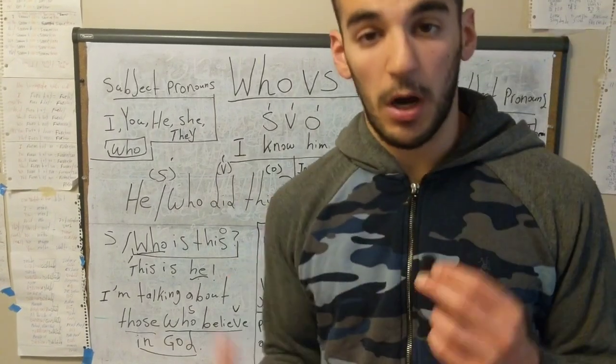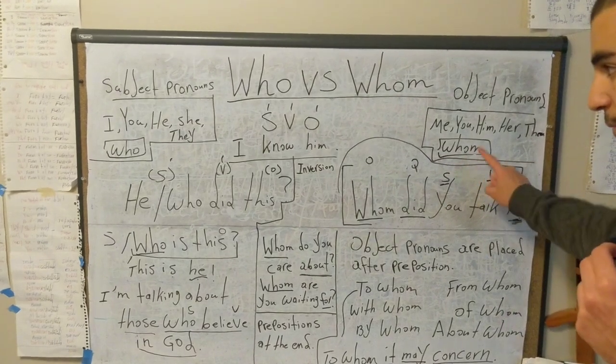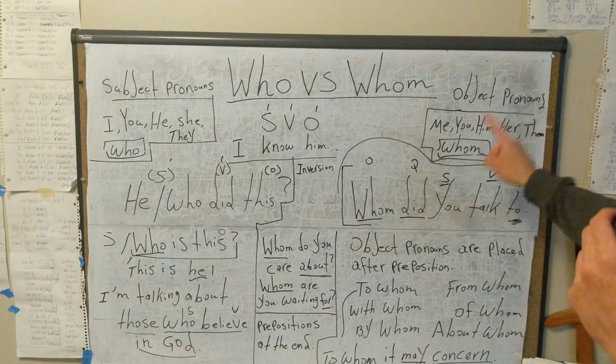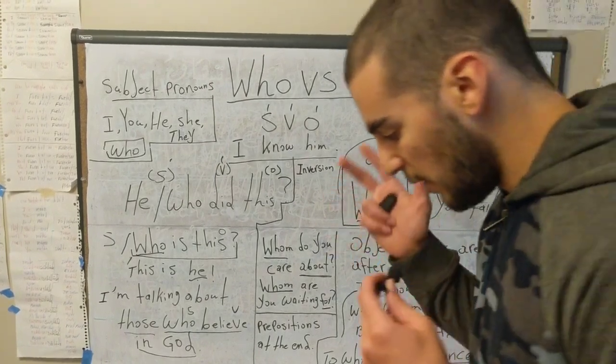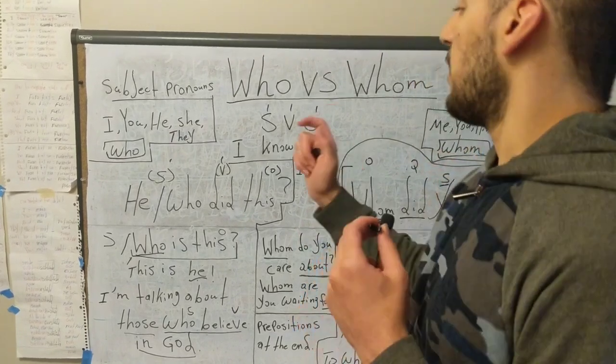Whom is an object pronoun. So, we do know that who is a subject pronoun and whom is an object pronoun. Now we understand what each of them belongs to.